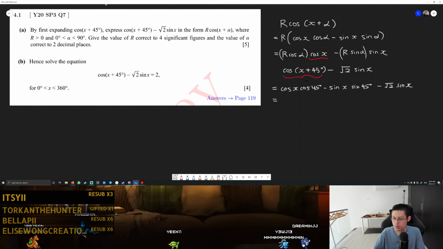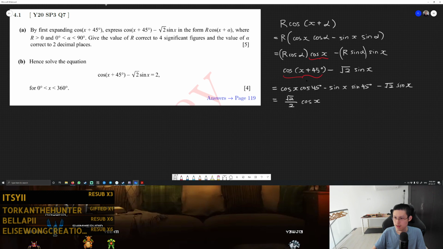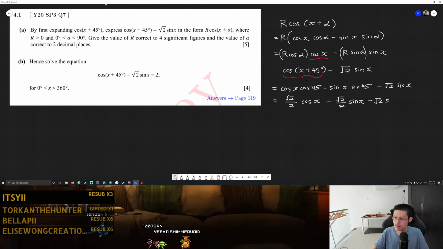Okay, so what do we have? Cos 45 is root 2 over 2. Sine 45 is also root 2 over 2. Okay, now I'm going to group the sine x's together.